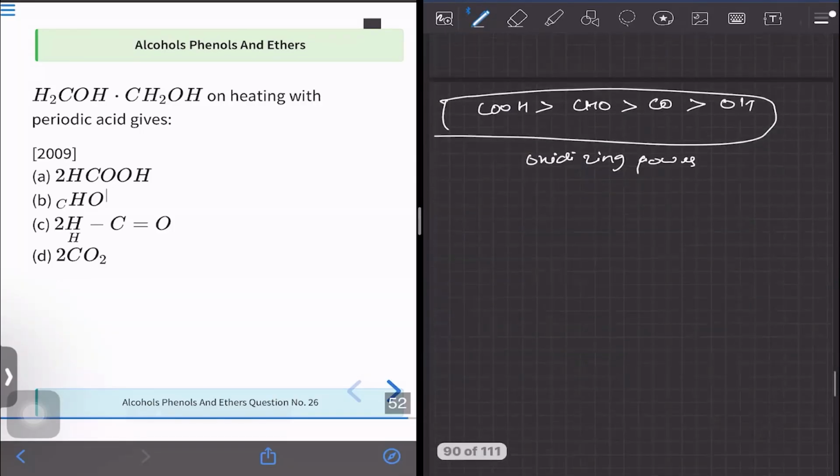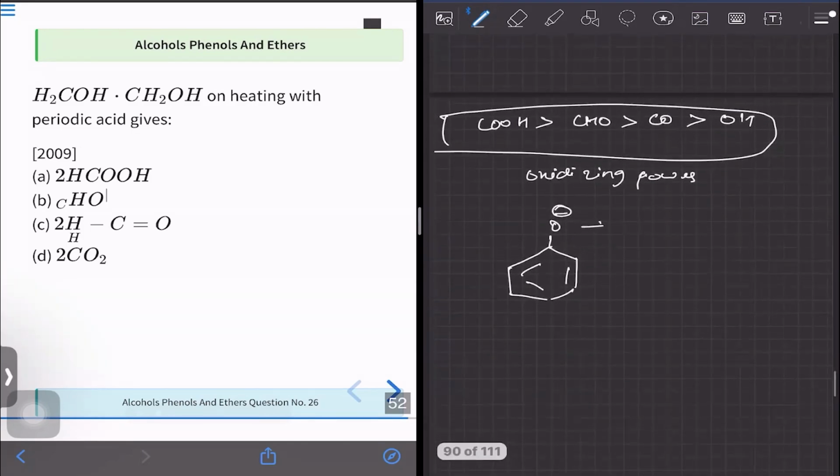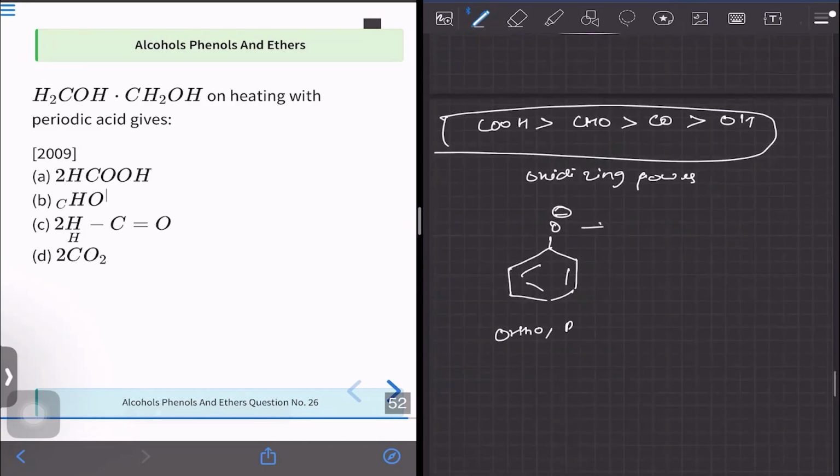We all know that whenever phenol loses H plus, it produces phenoxide ion. So why is the reaction of phenol only at ortho and para? See, whenever the charge is distributed here, this bond is shifted here. So there will be a double bond, O negative here and here.